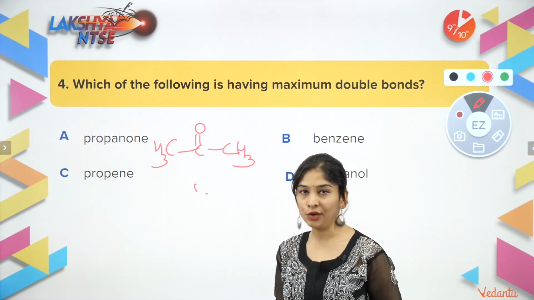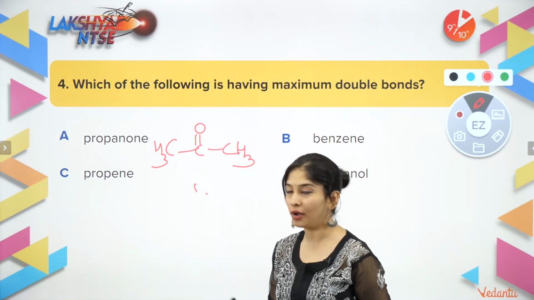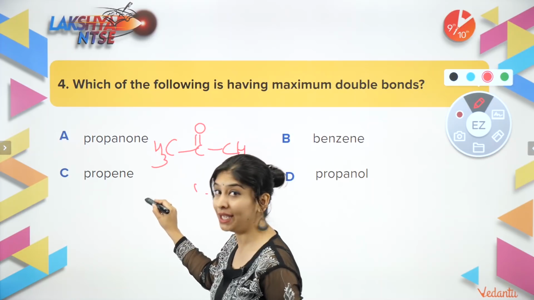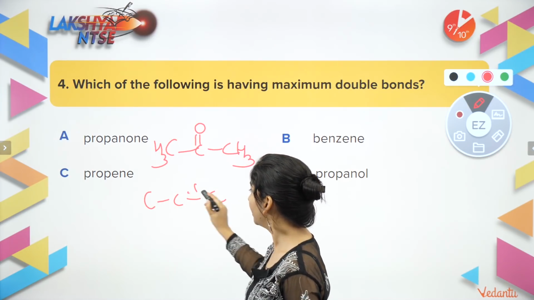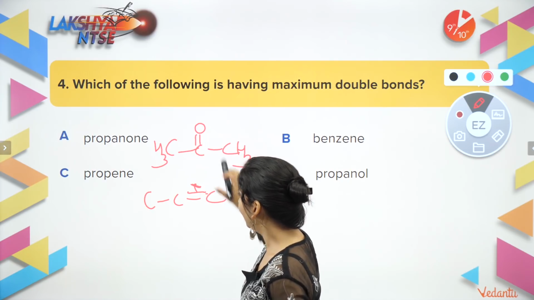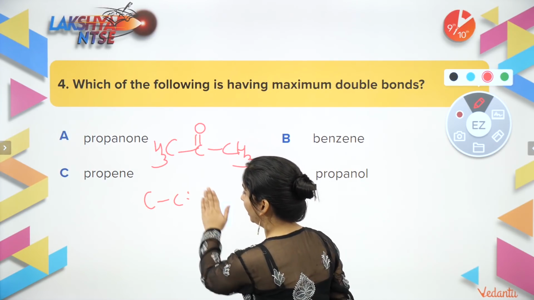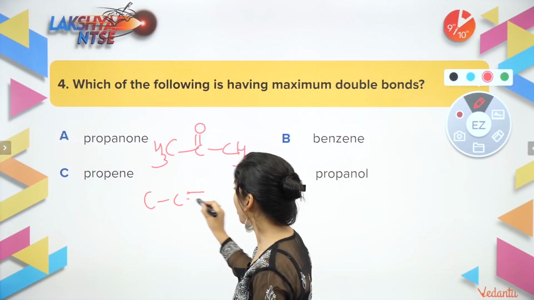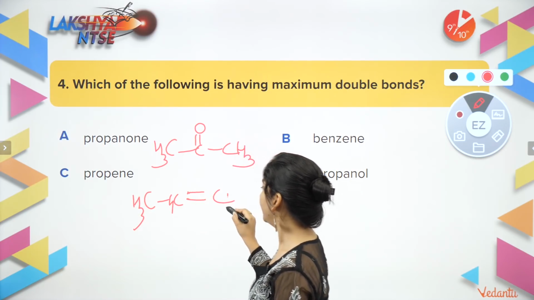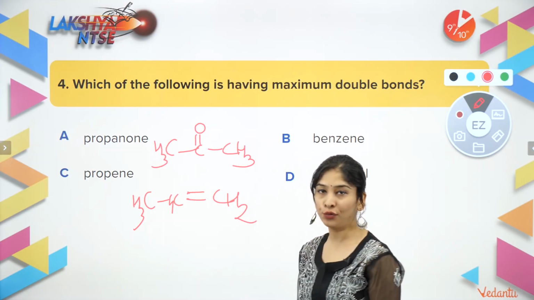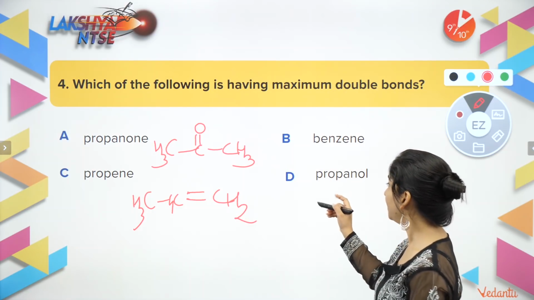Every carbon is making 4 bond. So this is propanone. Now I will write propene. Prop मतलब 3 carbon and ene मतलब double bond. So ये double bond है, okay? That is double bond only. And then satisfy its valency. Right? 4 valency. This is propene.